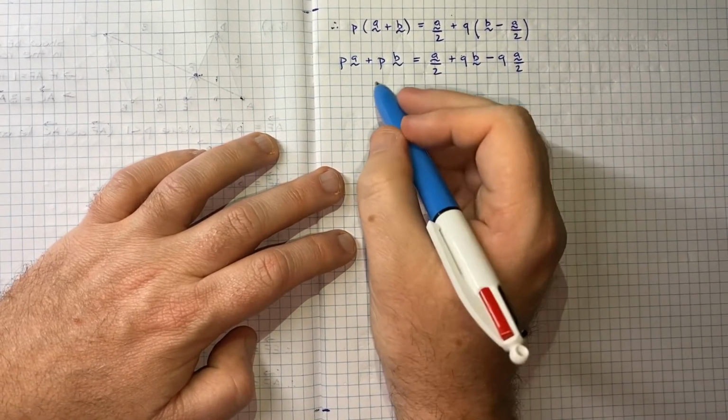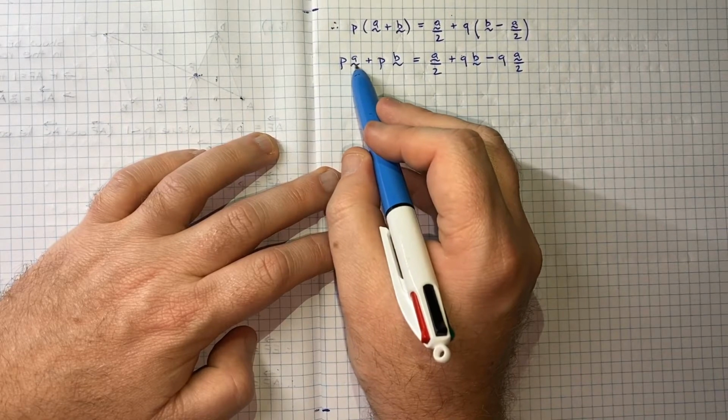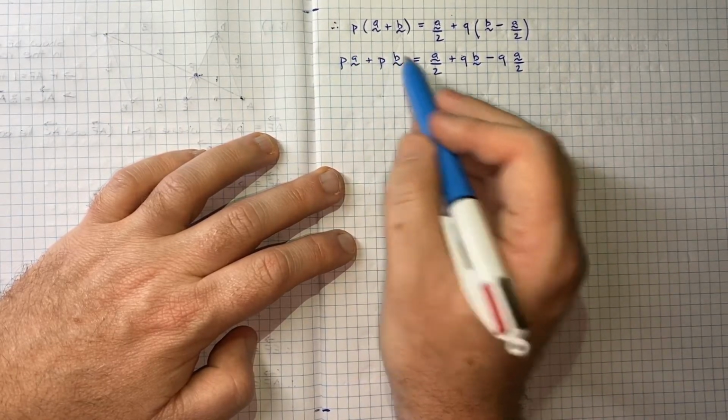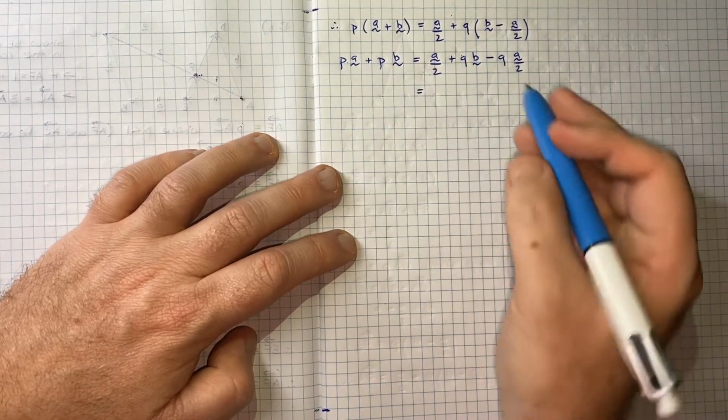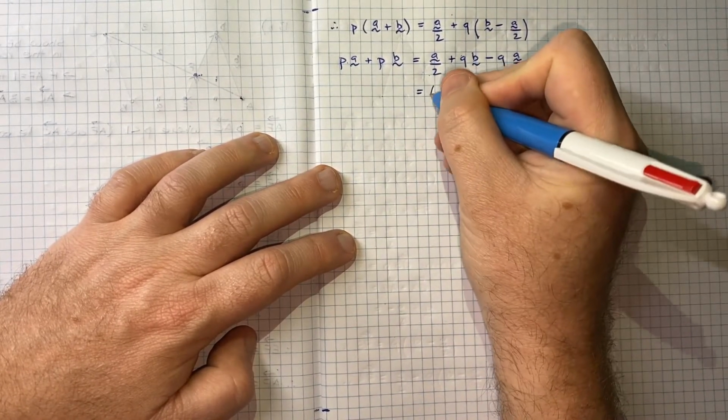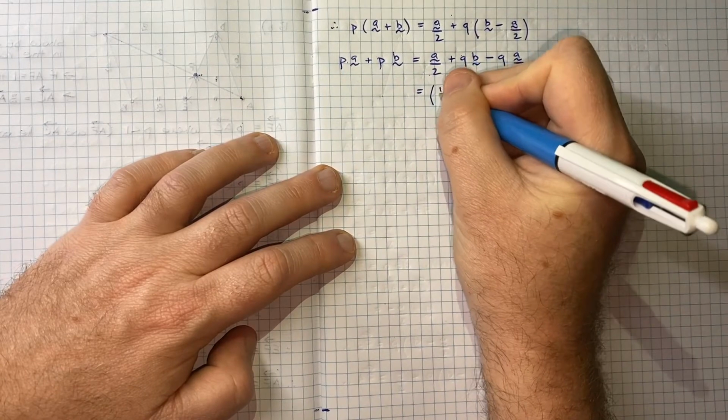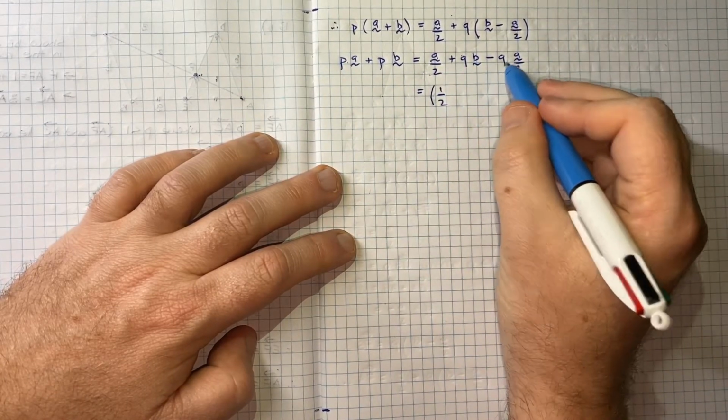I've already got A vector and B vector isolated, so over here on the right hand side, what's going to be in front of A vector? It'll be this half minus Q on 2.